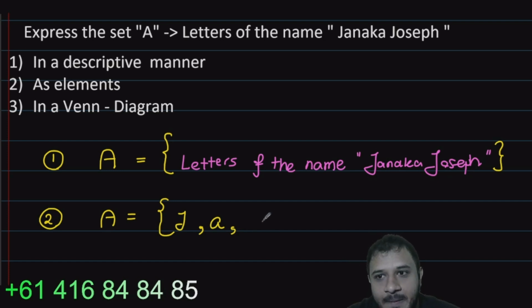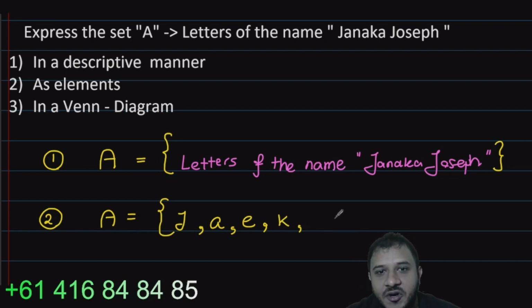E? Oh yeah, Joseph got E. Okay. What are the letters you can see? Any letter you can see? Okay, K is there.